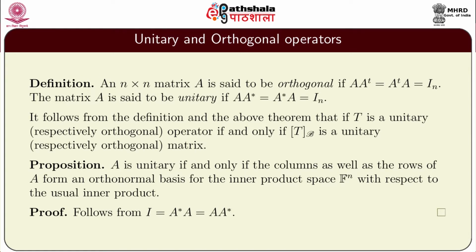The proposition says that A is unitary if and only if the columns as well as the rows of A form an orthonormal basis for the inner product space F n with respect to the usual inner product. The proof is simple and it follows from I is equal to A star A is equal to A A star.